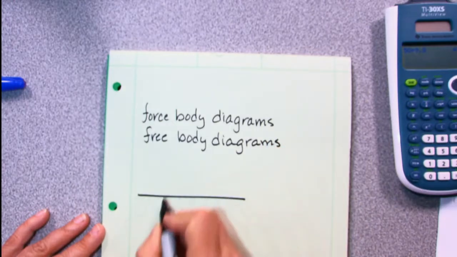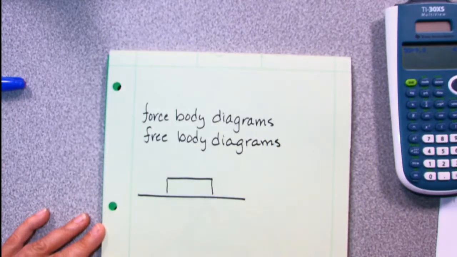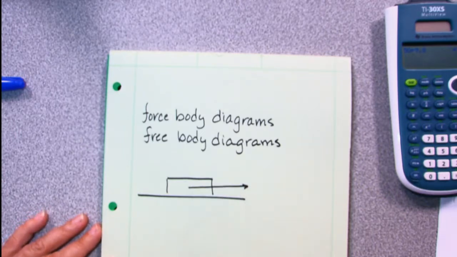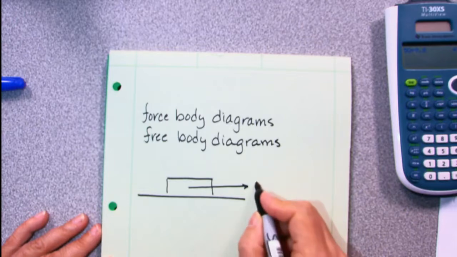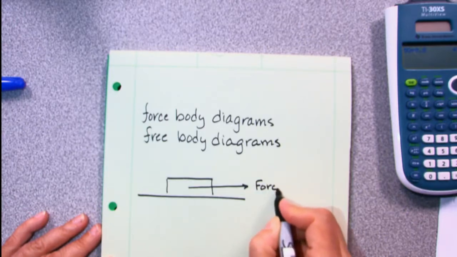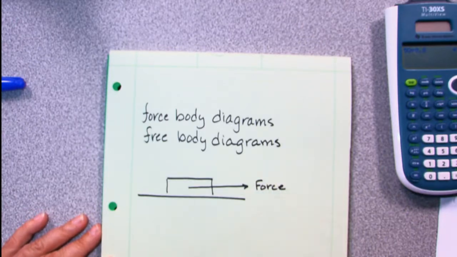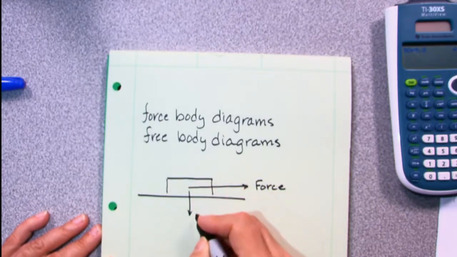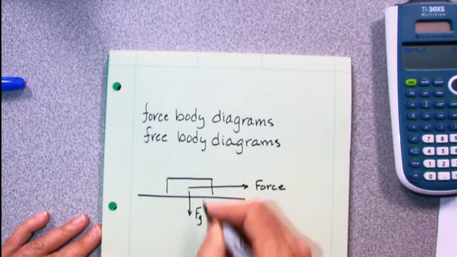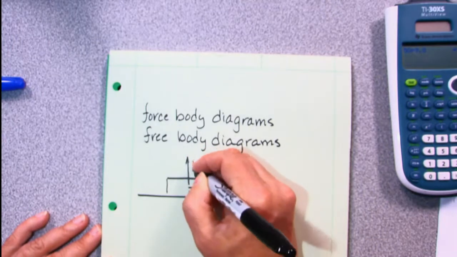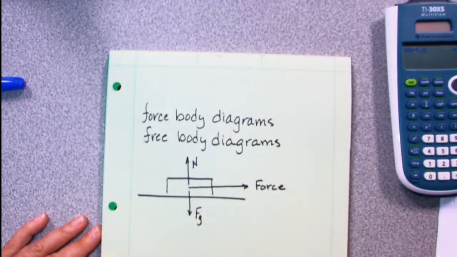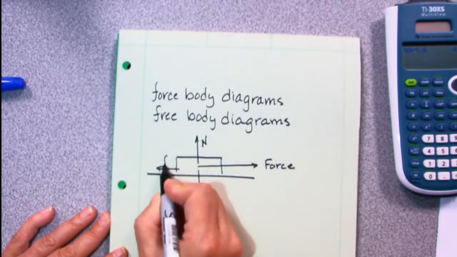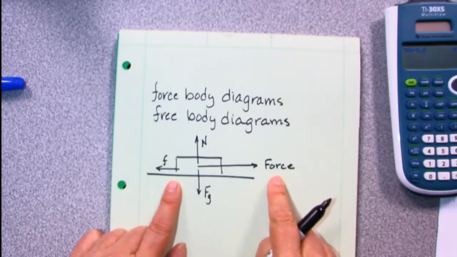So if I have a block on a table, and I'm going to apply a force to that block, I want to draw that force there. I will also have a force due to gravity, and I will have a normal force. And if I have a force due to friction, it's a resistive force to the motion.